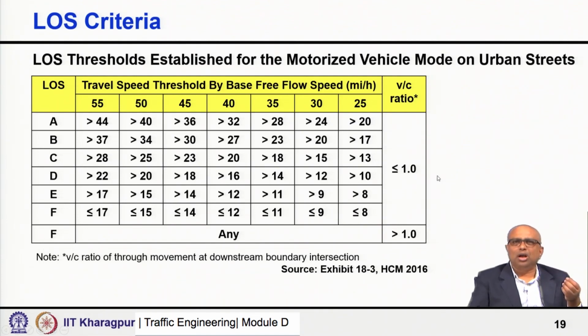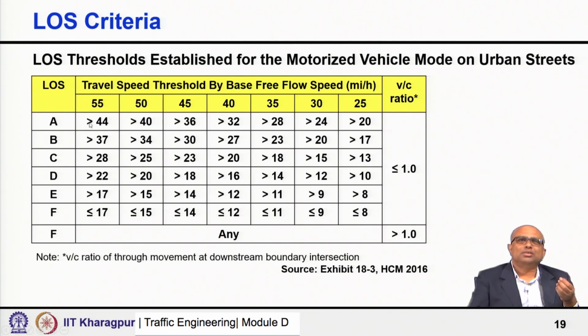So, within the 5 levels of service, threshold speeds are given for different BFFS values, base free flow speed 55, 50, 45, 40, 35, 30 up to 25 miles per hour.